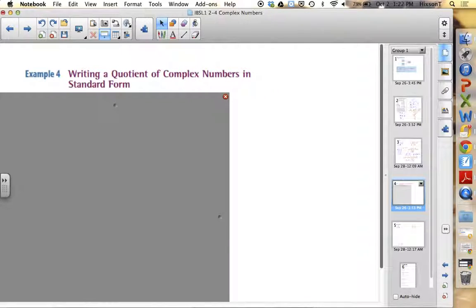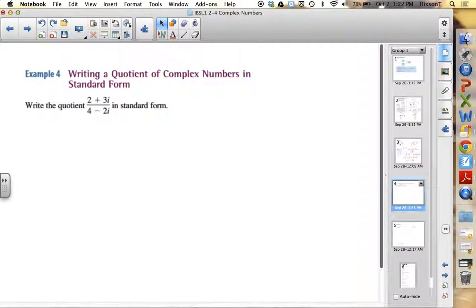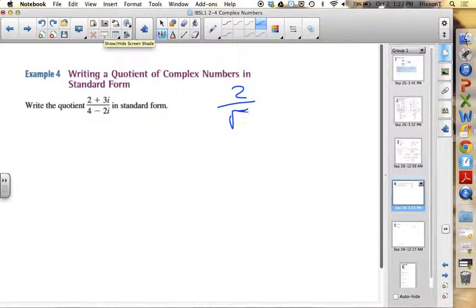Now, we're gonna divide complex numbers, but before we do, let's just really quickly review. If I had, say, 2 over radical 3, how would I rationalize that denominator? Yeah, multiply by radical 3 over radical 3.